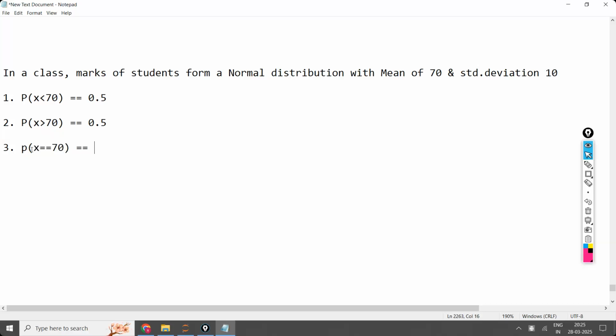What is the answer? What did you say? 0. 0 point, I understood. What is the next number? 0.0 means 0 only, right? 0.01. Others? 1.